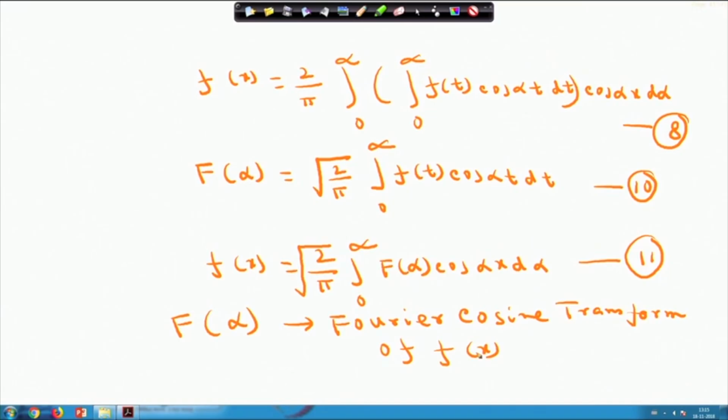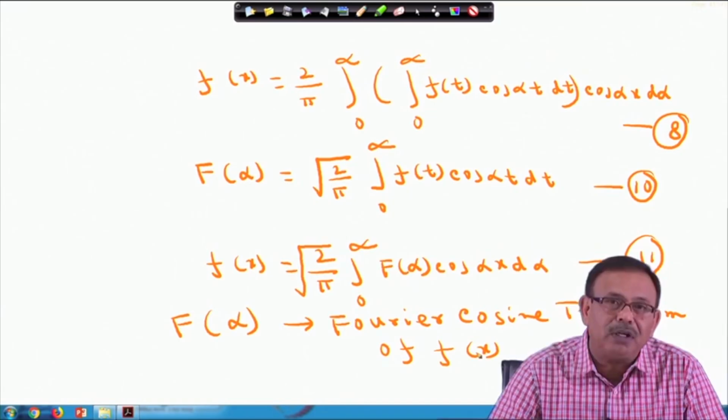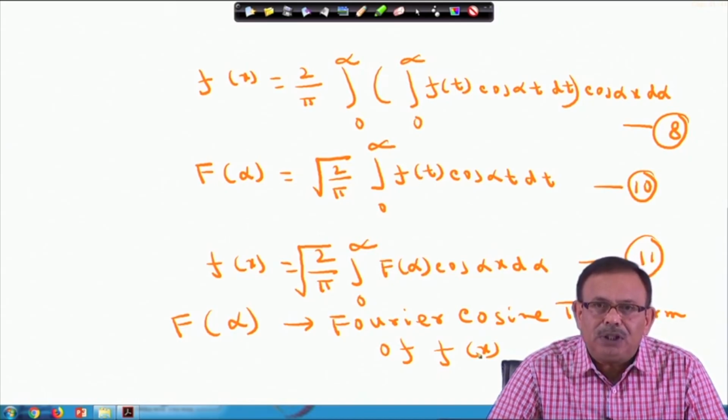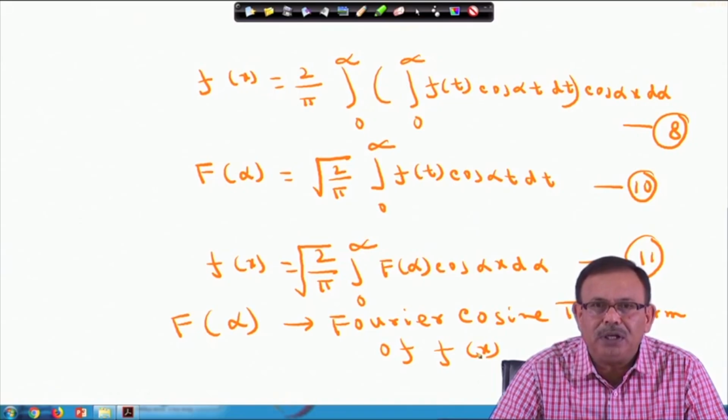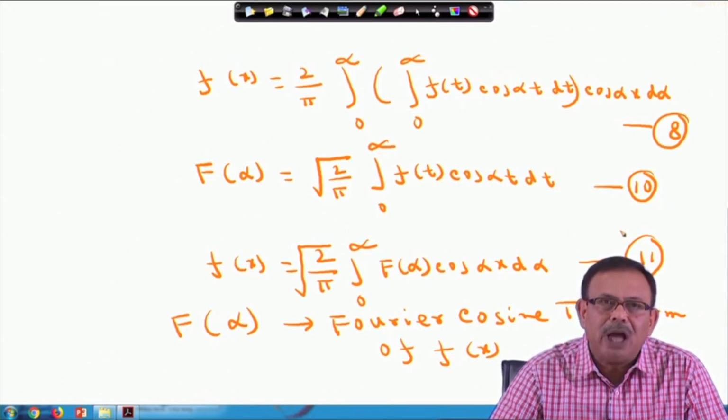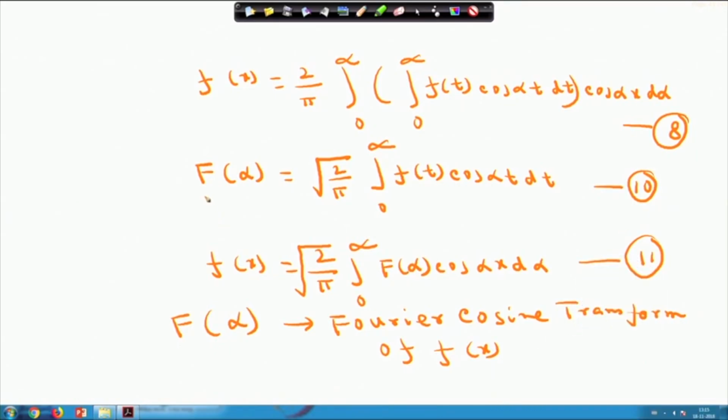From these representations we are defining the Fourier cosine transform. If I have a function f(x) defined on 0 to infinity, then the Fourier cosine transform of f(x) is given by equation 10: F(alpha) equals root over 2 by pi, integral from 0 to infinity of f(t) cos(alpha t) dt.